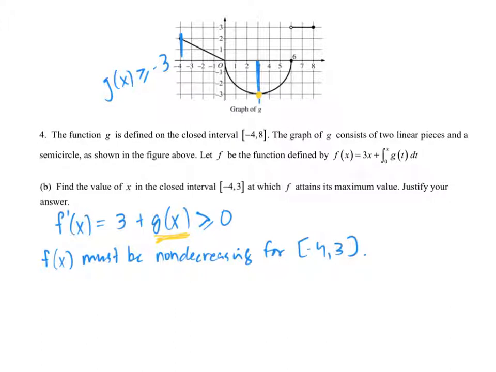And so if that's true, that means that f of x must be either increasing or staying the same on the interval from -4 to 3.